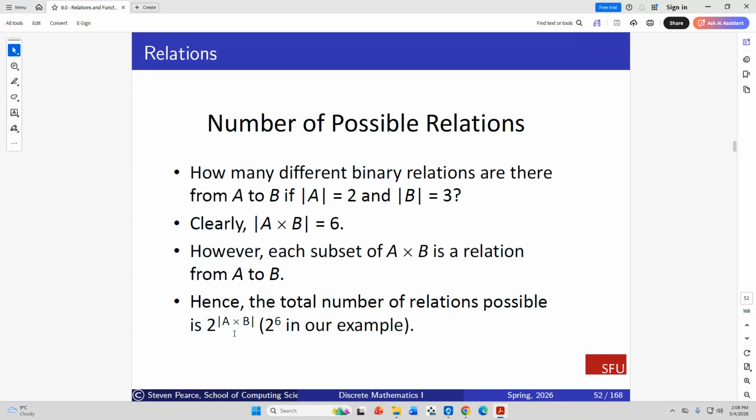We got this from the power set. The power set is the number of subsets of any set. The number of subsets is the power set, and you remember it was an exponential number, 2 to the cardinality of the set. That's where this comes from, chapter 1.